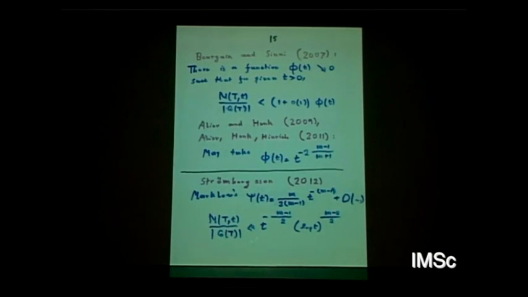It is not a bound which is uniform for all little t's or anything like that. Then Strömbergsson last year published a paper which gave some results for Marklof's Psi, and it is t to the minus (n-1) with some numerical factor.